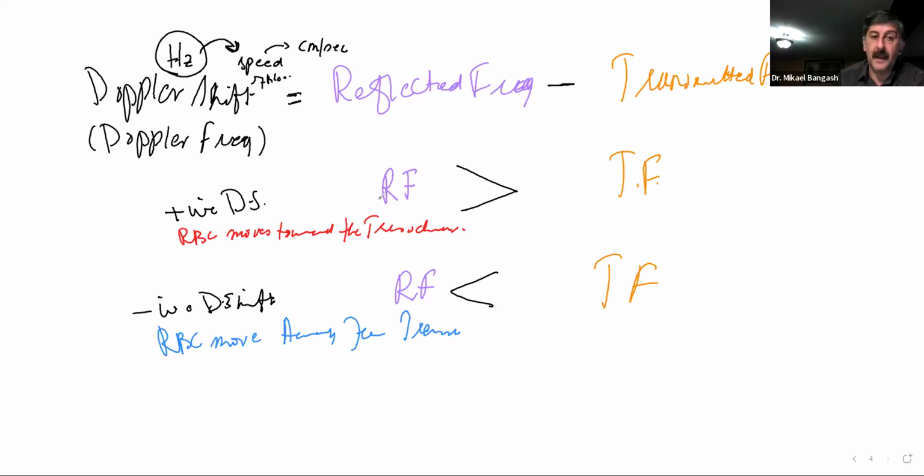And that's mainly because the reflector is moving towards the transducer, so the frequency of the reflections is going to be greater than the frequency of the transmission. Based on that, we determine that it's going to be a positive Doppler shift.